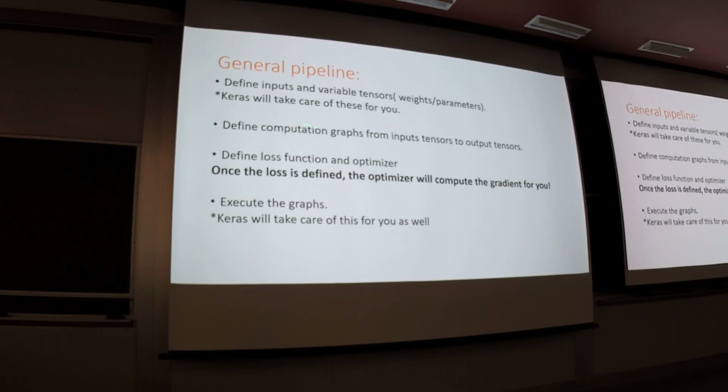And usually we will optimize in terms of the loss function. Sometimes there's another term, metric. A metric is something you use to evaluate your model. But when we do the optimization, we optimize our loss function.